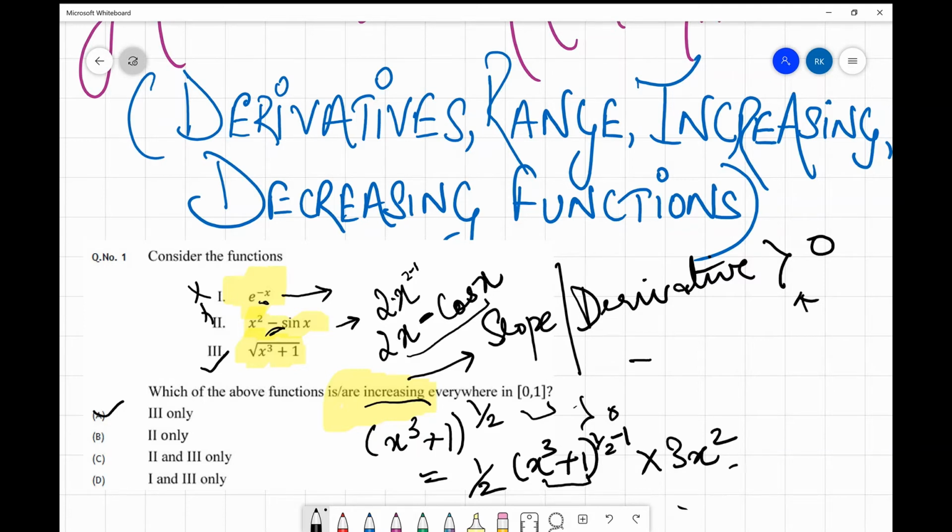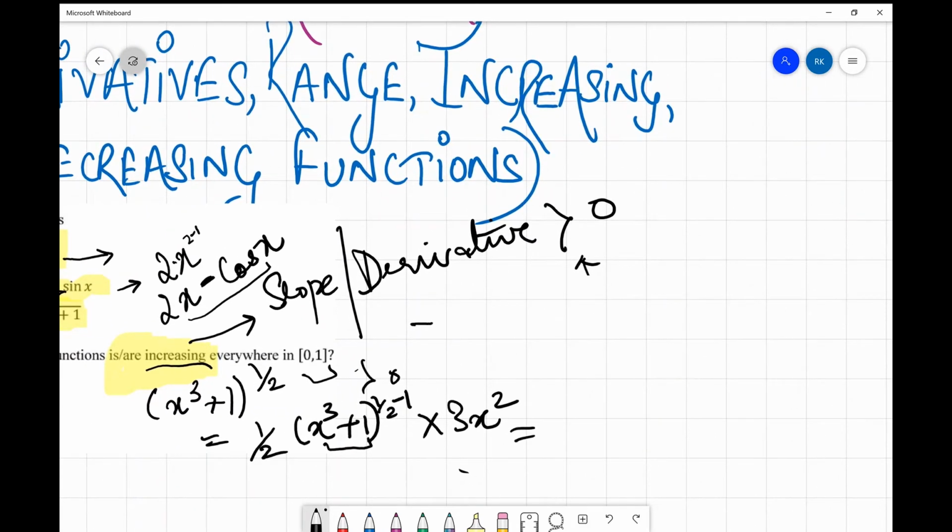This can be simplified to 1 by 2 into x cube plus 1 to the power minus half, into 3x square.